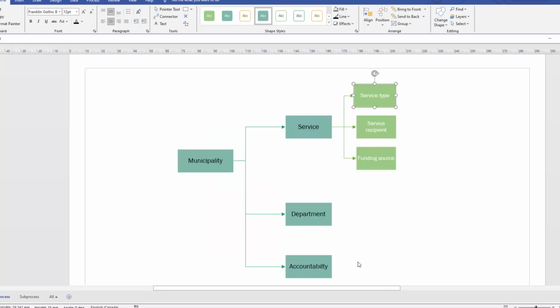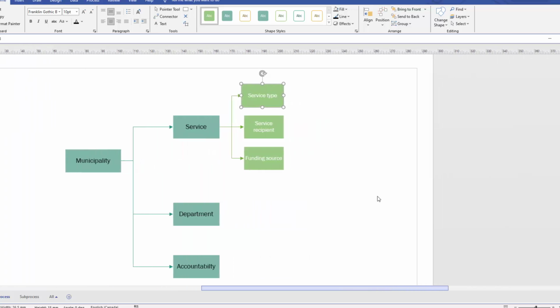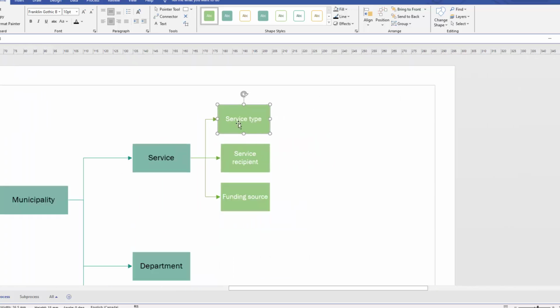If you like, as a next step, you can take it further and you can start defining different service types. For example, it may be justice, municipal court. There might be garbage removal services.